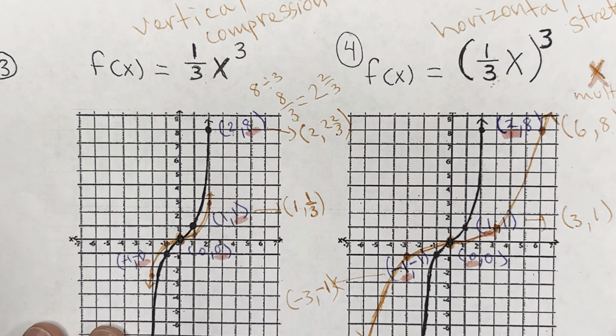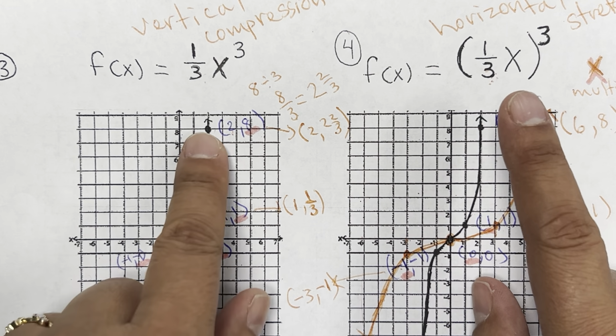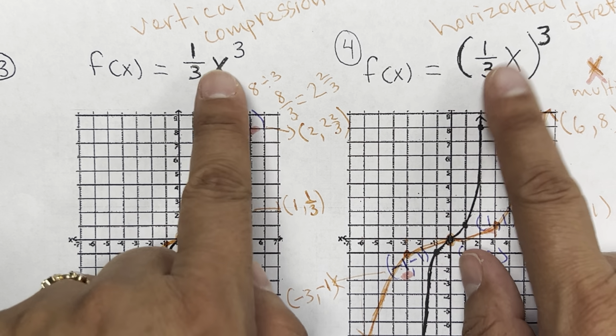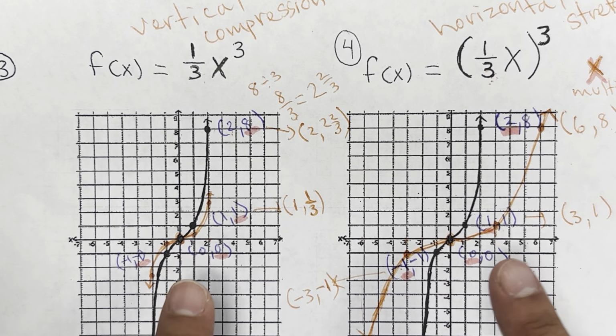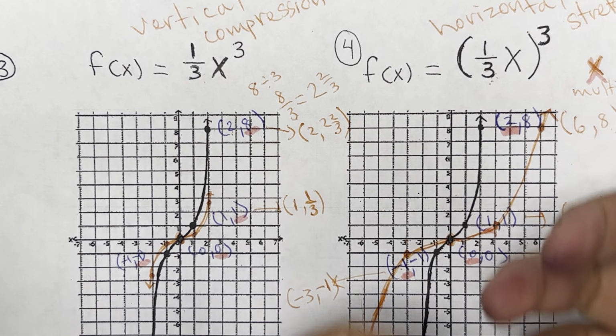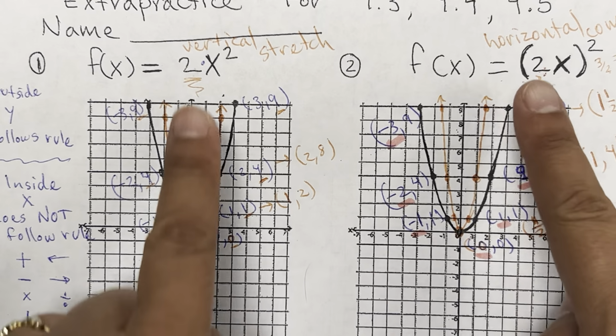Okay, so notice how I'm doing the same thing outside when it affects the y value, inside when it affects the x value, the same values I'm using, but look at what it does. Vertical compression, a horizontal stretch. On top is a multiplication in both cases.